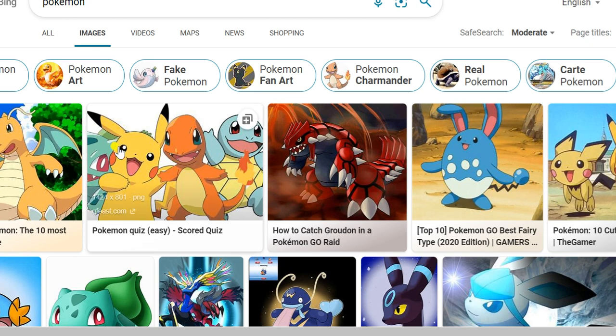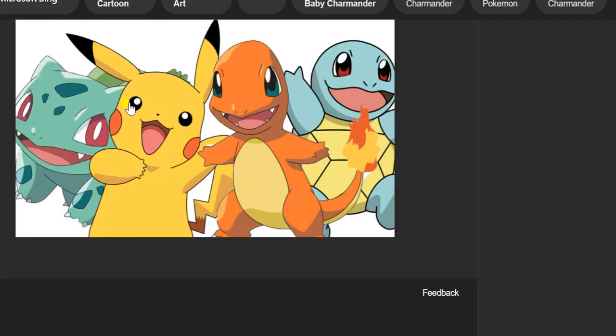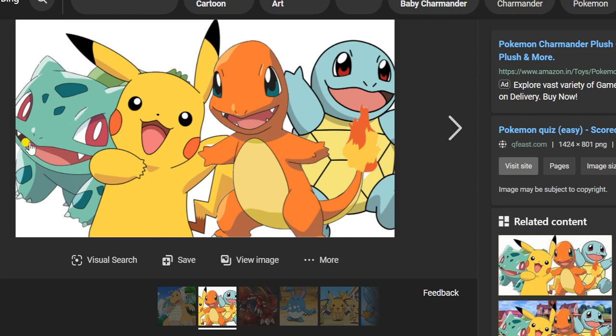So we put them into proper types. So Bulbasaur is a grass type Pokemon. Pikachu is electric type. Charmander is fire type. This guy is water type. So all of these are some types of Pokemon, right?